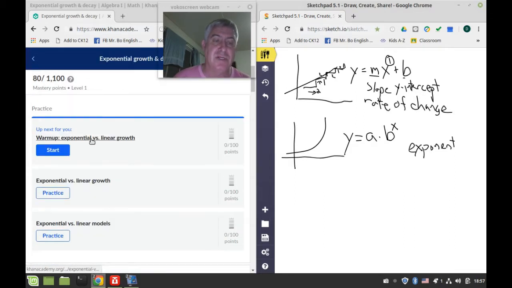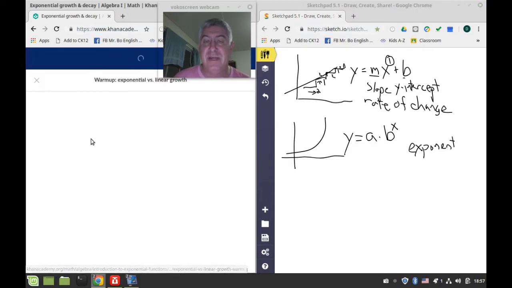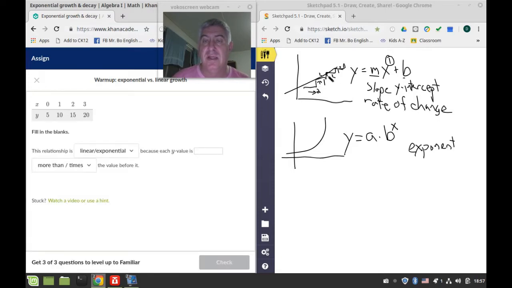So we're going to start talking about the differences between linear growth, where we have the same change every time, and exponential growth, where the first time we move forward 1 in the x direction, we may move 1, and the next time we move 1 in the x direction, we'll move 2, and it doubles.